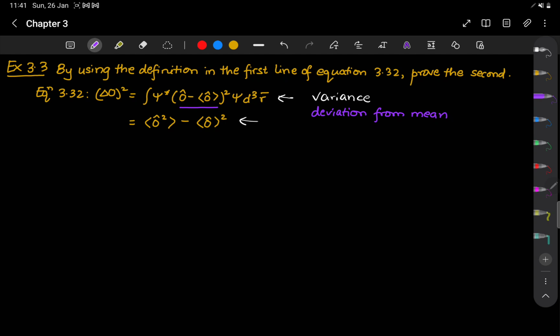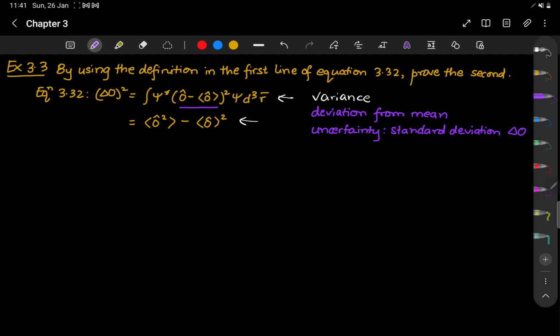This gives us the uncertainty in our measurements, which is given by standard deviation, and standard deviation is just the square root of variance, which is just delta O. So this is a very important quantity.